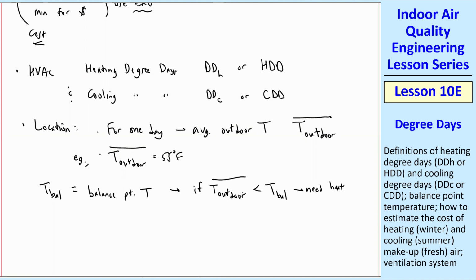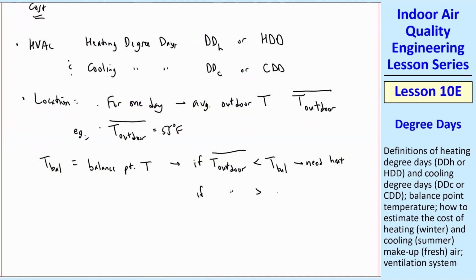When do you actually need heat? So if it's 66 degrees outside and your balance point is 65 degrees, you probably don't need heat. You generate enough heat just from your refrigerator running and lights, and you and your family. You might have the house set for 70 degrees. If this T outdoor bar is greater than T balance, then we assume we need cooling.